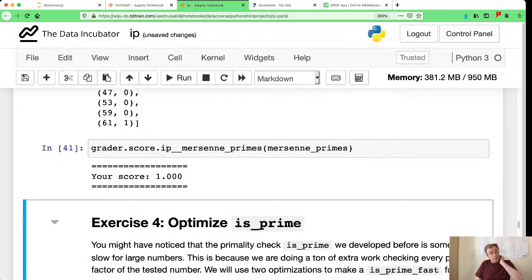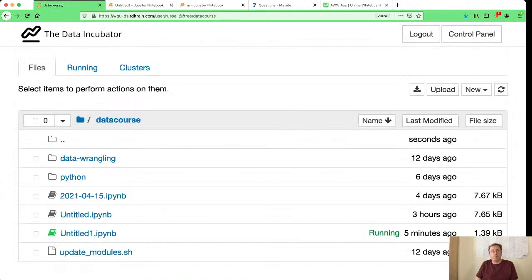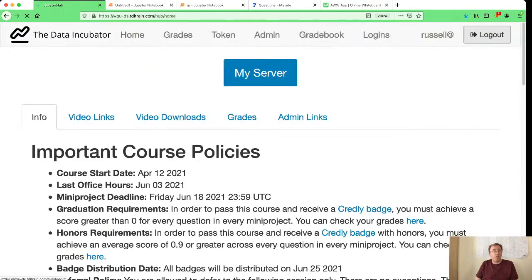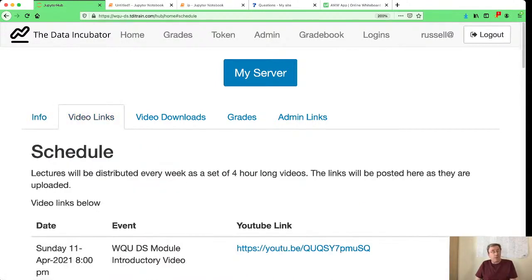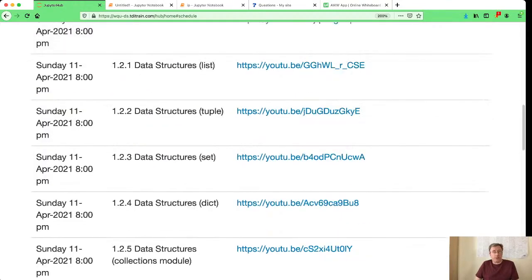So yeah, Sabin, if you have access to your Jupyter pod, this is the same thing you could do in Unit 1 or Unit 2. If you go to Video Links and scroll down, it's the same link.